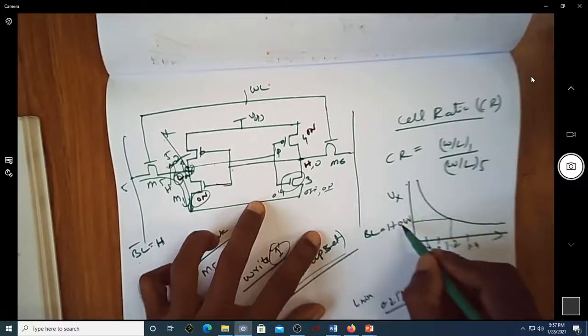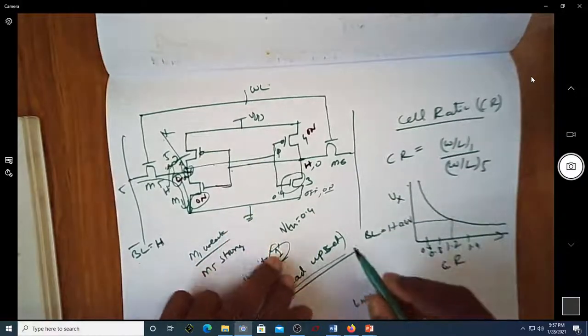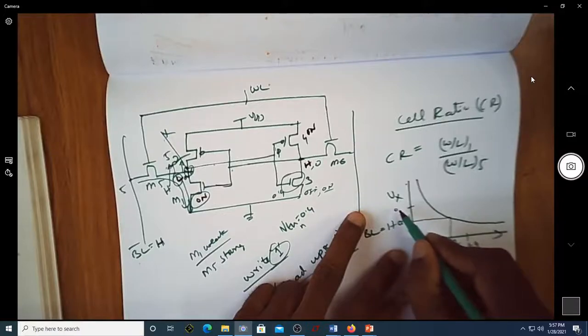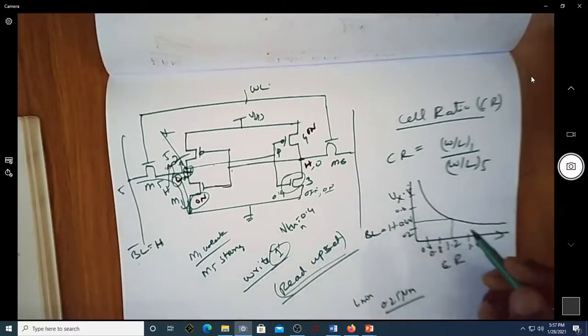Let us assume that the VTH of this transistor, that is VTH of NMOS, is 0.4 volt, and assume this is 0.6, this is 0.8 and this is 0.2 and so on.